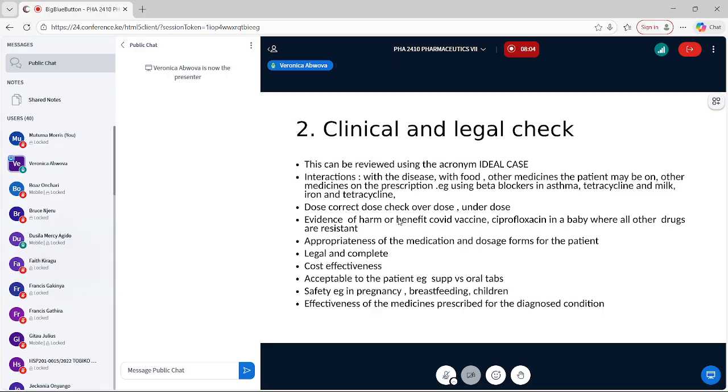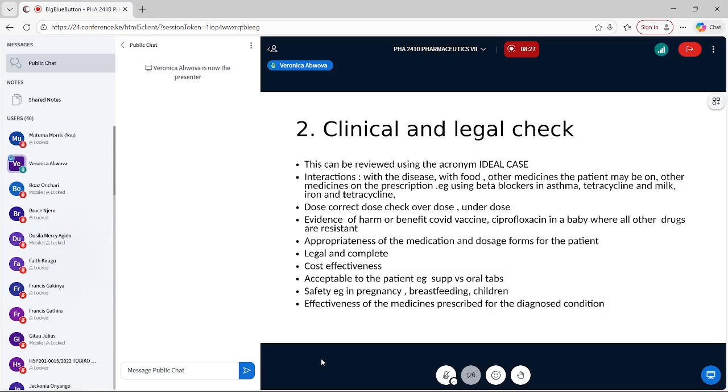Drusilla, what do you know about thalidomide? Yes. I think it has some effects on the fetus. Okay, yes.